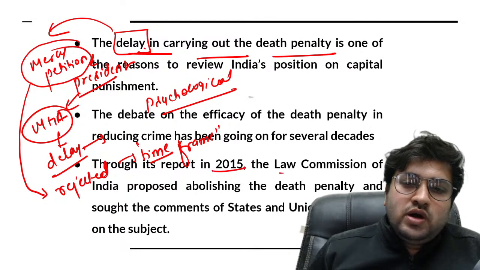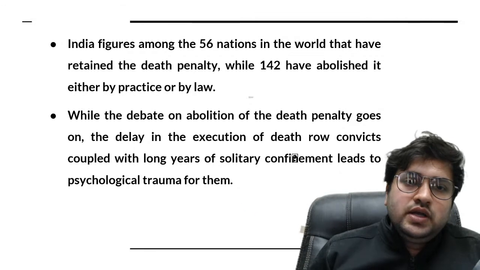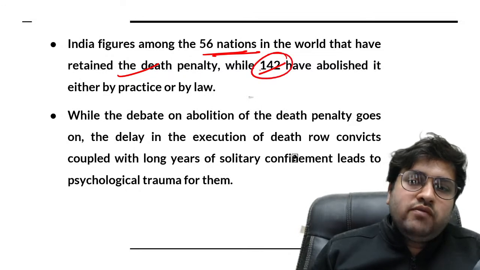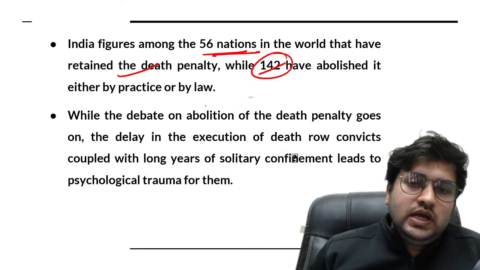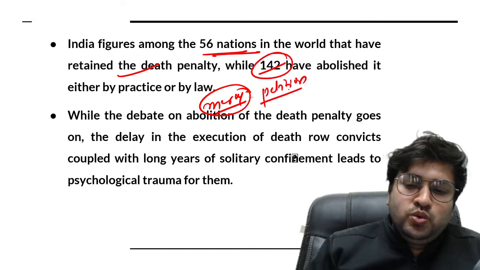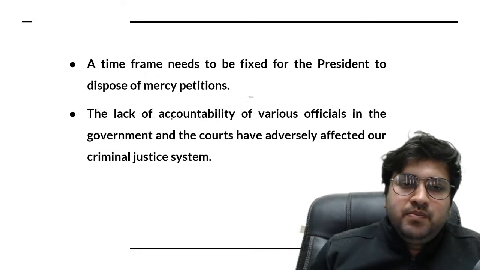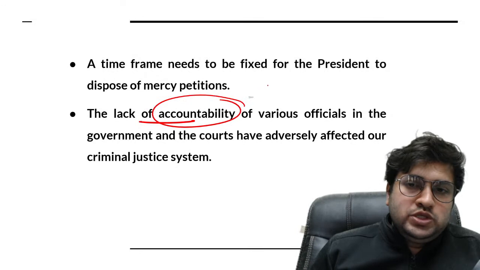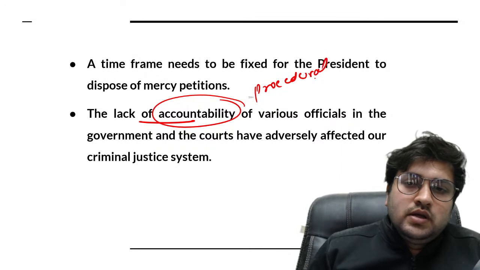Also, in 2015, the Honorable Law Commission proposed abolishing the death penalty, and it sought the comments of states and union territories. India figures among 56 nations of the world that have retained the death penalty. 142 have abolished it. So there is always a debate on the abolition of the death penalty, but still, if a mercy petition is filed, the decision related to it needs to be taken in a time frame, and accountability also needs to be ensured if procedural delay is taking place.